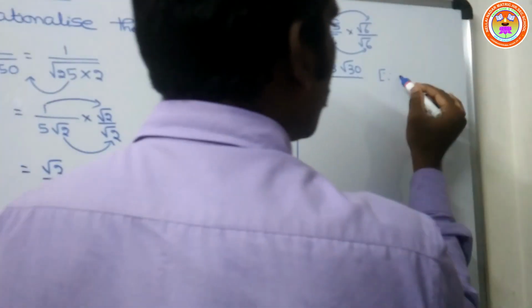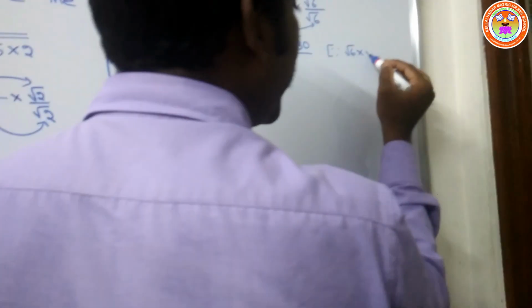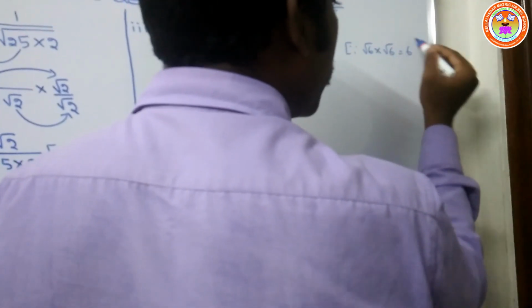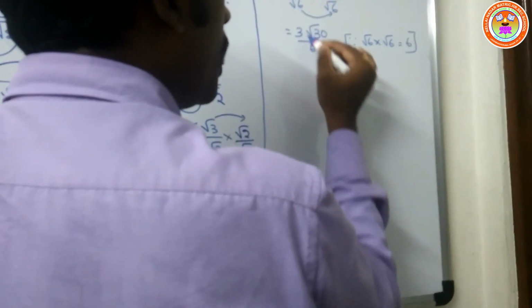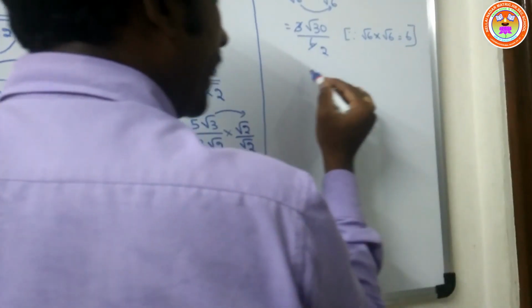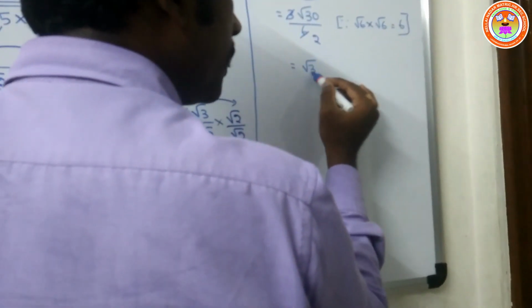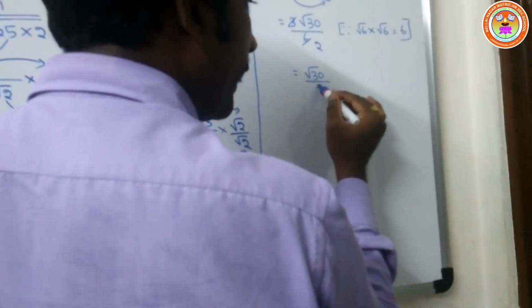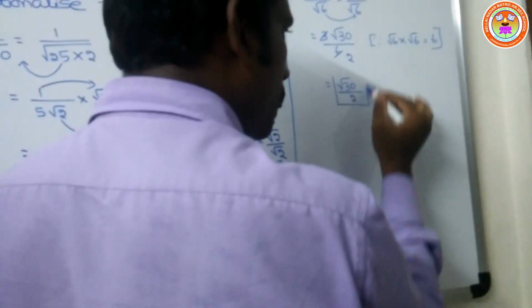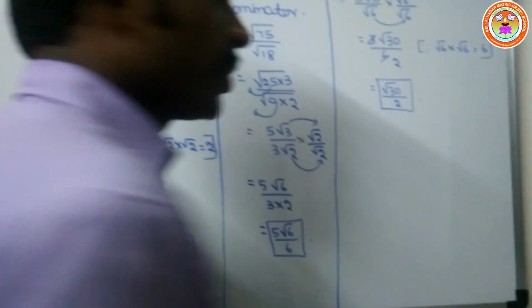Since root 6 into root 6 is 6, 3 into 6 cancels, how many times? 2 times. Root 30 by 2. Thank you, children.